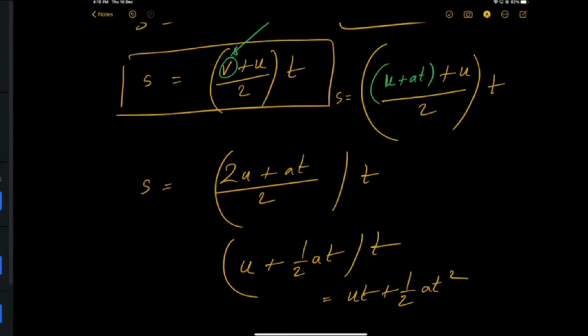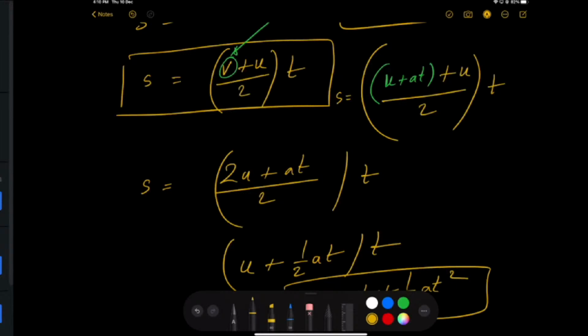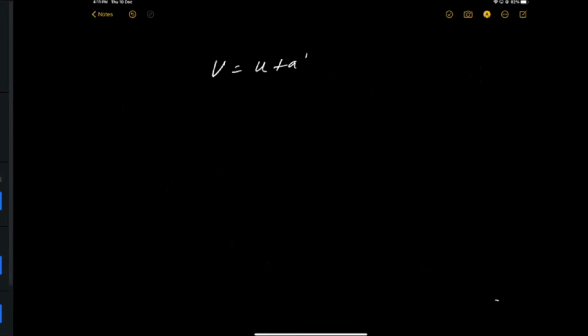This is also true only for uniform motion. This is not true for non-uniform motion. So these three formulas that we just derived: the first was v equals u plus at, second was v squared minus u squared equals 2as, and third, s equals ut plus half at square.